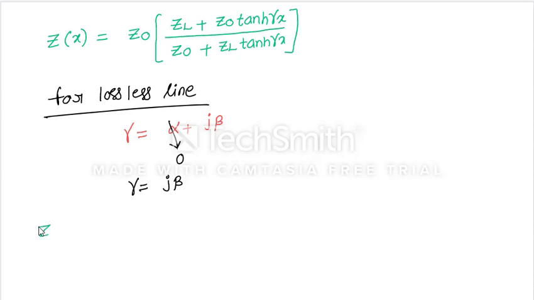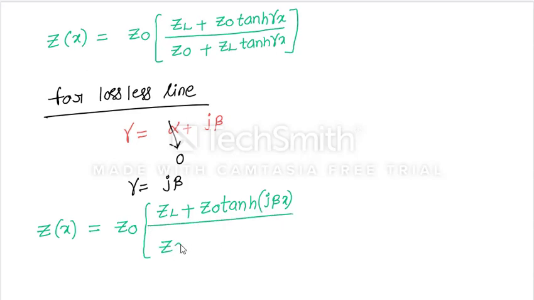So from this, can I get my Z of x now? Z of x is given as Z naught into ZL plus Z naught tanh j beta x, divided by Z naught plus ZL tanh j beta x, isn't it?